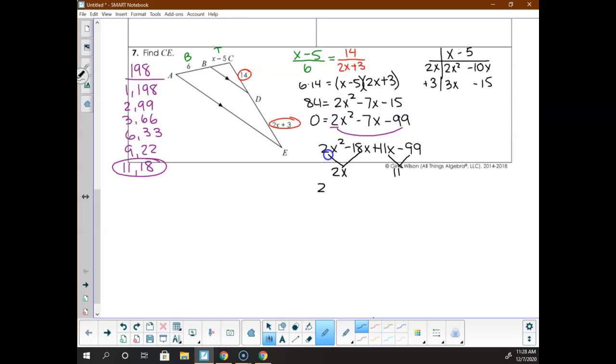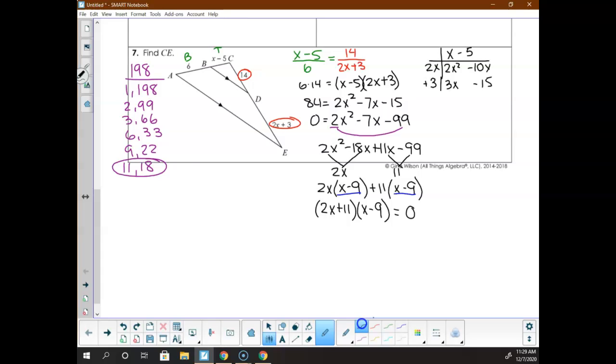So I've got 2x times x minus 9, plus 11 times x minus 9. Remember, no matter what, these two right here need to be the same. Put it all back together, and I've got 2x plus 11 times x minus 9, the whole thing equals 0.